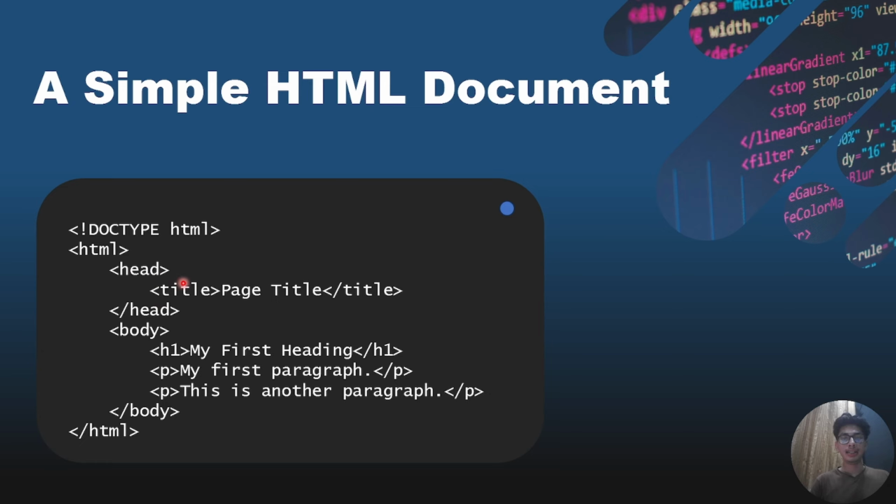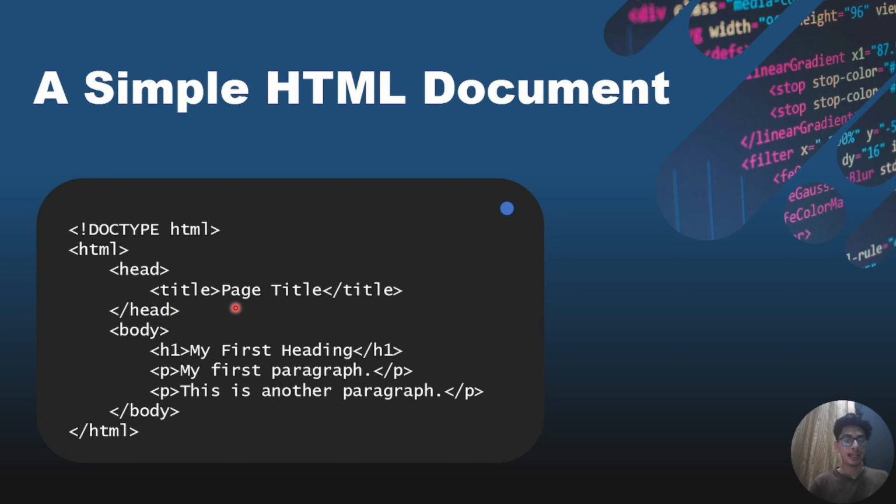Whatever is in the head tag you usually don't see on the screen. Usually you have a meta description and maybe links to some other files and stuff like that. And in the body we have typically what we see in a web page, like you see the h1 heading, then paragraph, and then this is another paragraph.